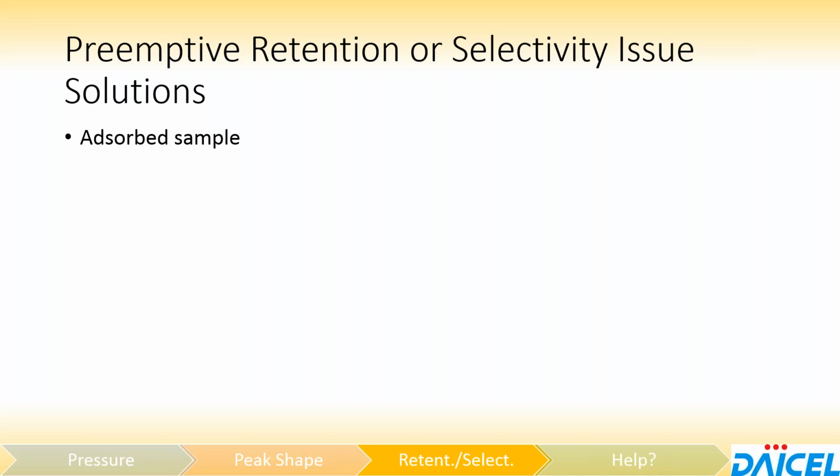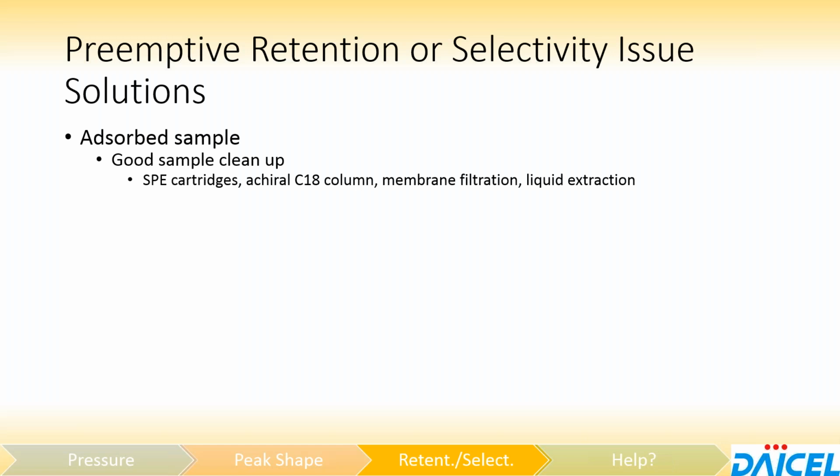What are some things preemptively that you can do to avoid these issues with the adsorbed samples? Good sample cleanup again. Can't harp on that enough. Using guard columns, using inline filters kind of helps a little bit, but you will degrade those just as quickly as you will your chiral column if you're not cleaning your sample up well. So with the biological samples, you probably want to do a little bit more than just filtering it through a membrane.